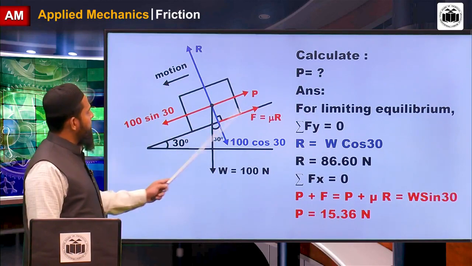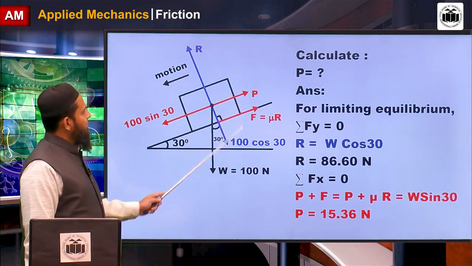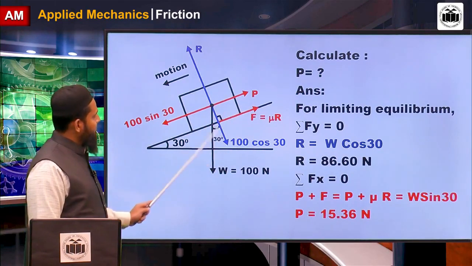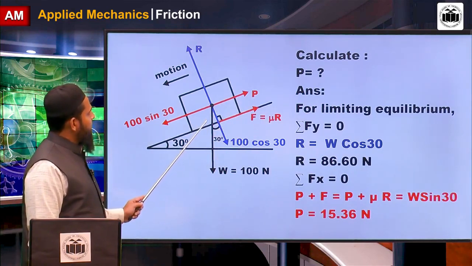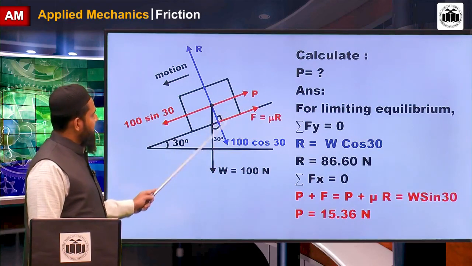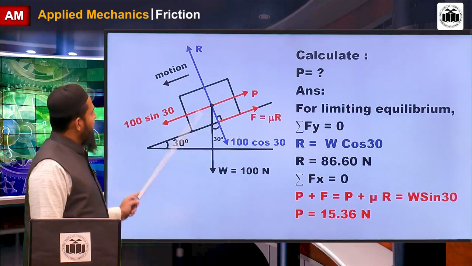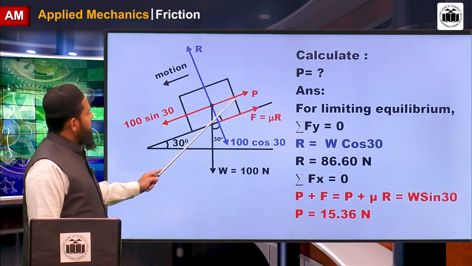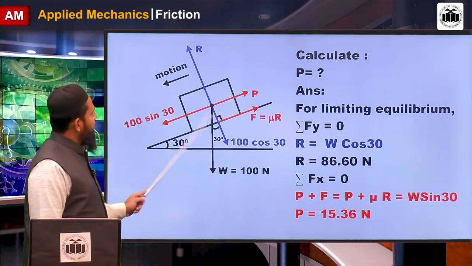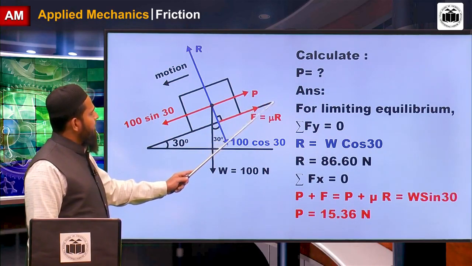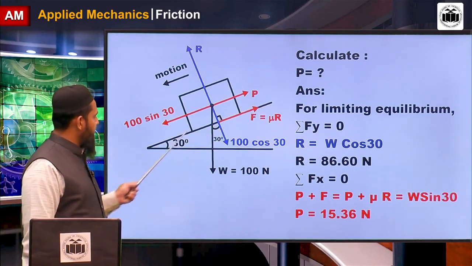To stop this motion, P is required. The mistake is here. Students always make a mistake here. The motion is in the downward direction, so the frictional force is always in the upward direction. They show the frictional force in the downward direction.